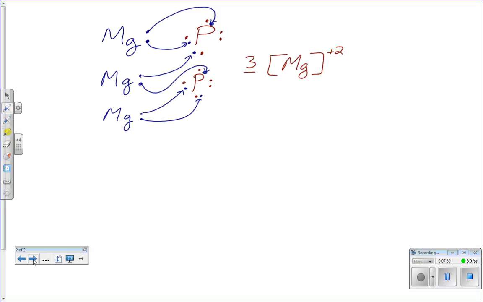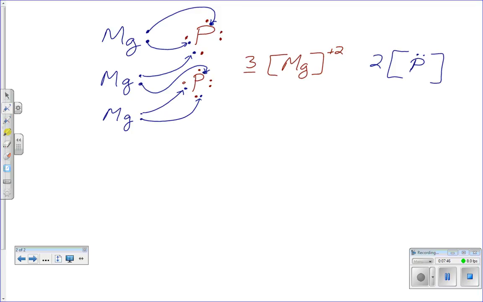And 2 phosphorus ions, phosphide, that have, I switched up the colors, didn't I? That's okay.